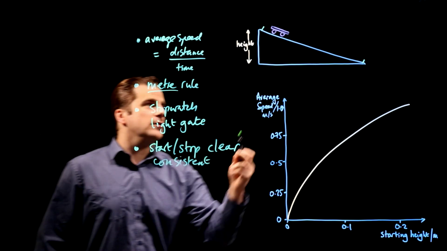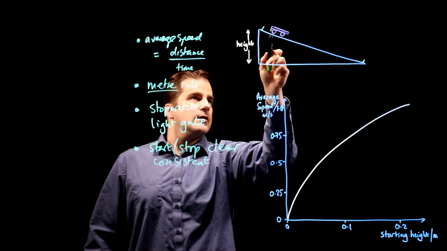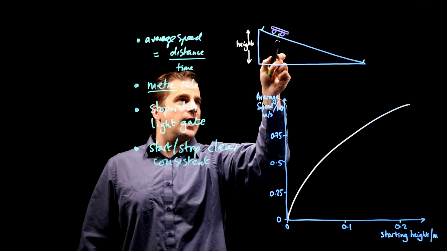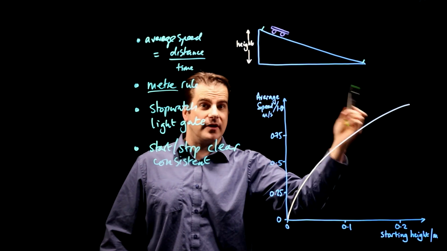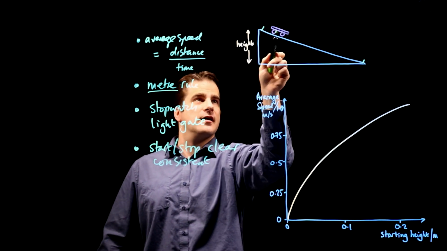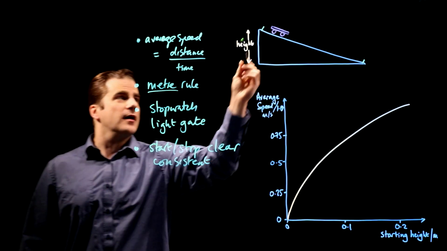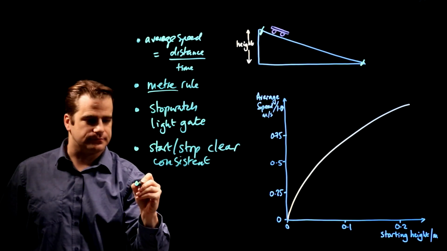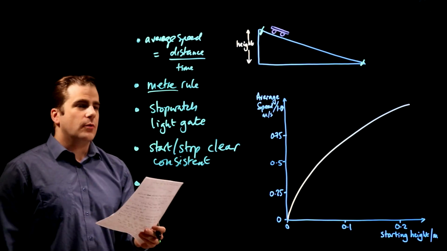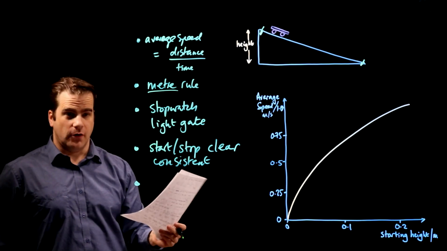Okay? So you need to stop the stopwatch at the same point, or when the same point of the trolley passes the same point every time, consistency, and start the trolley always at the same point, and mark these points clearly. Okay? Right, we're well on our way to 4 marks.